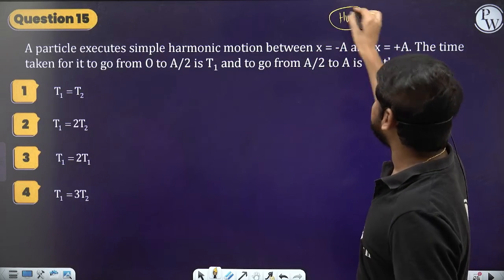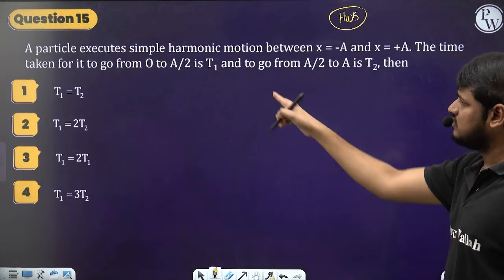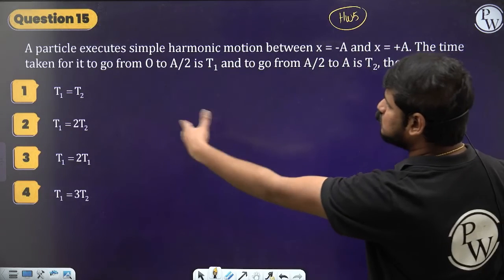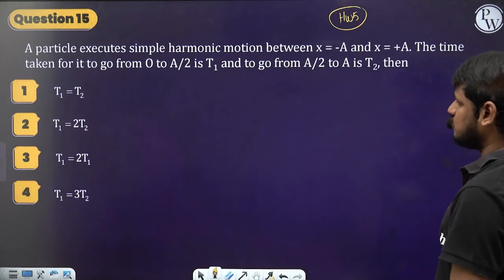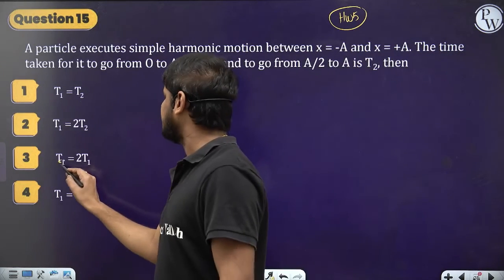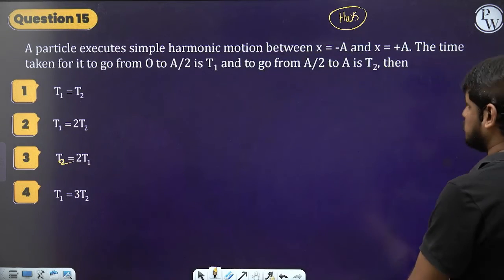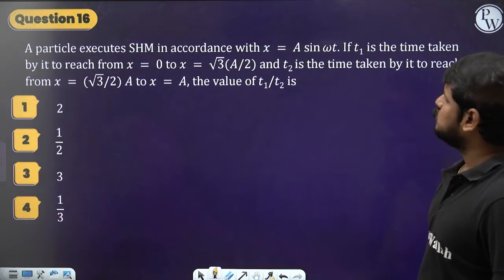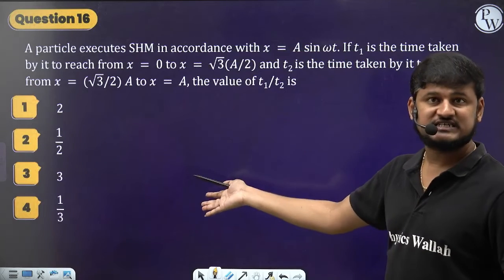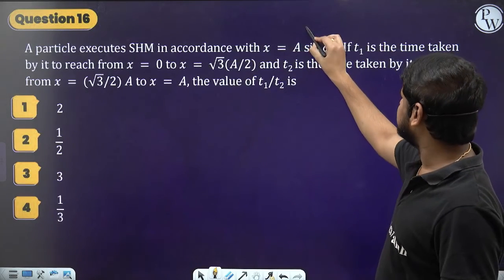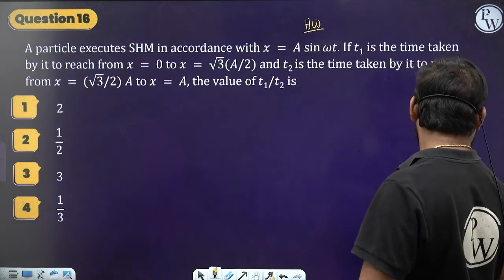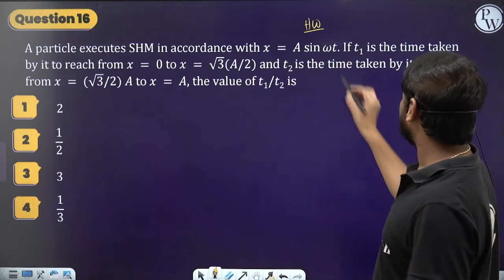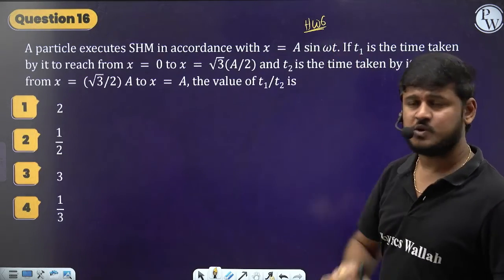Homework 5: this question is based on what we just discussed, that t2 is equal to 2 times t1. This question is also based on the conclusion that we discussed just now, so it is also homework 5. These are simple questions only, and I am giving them as homework for you guys.